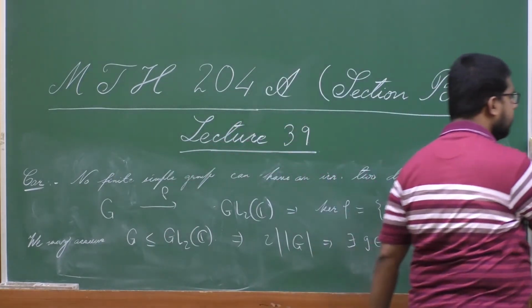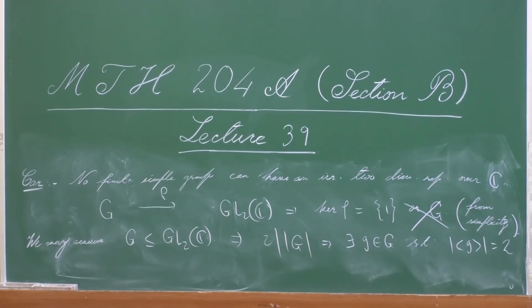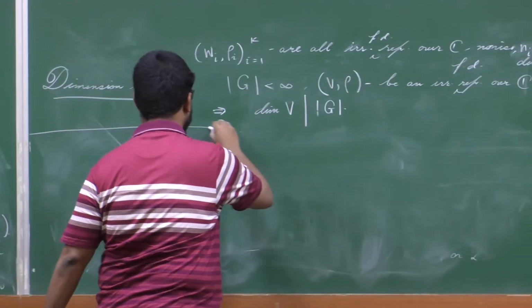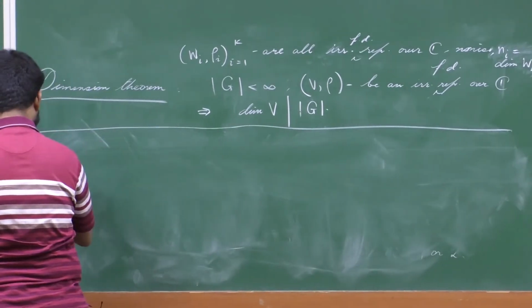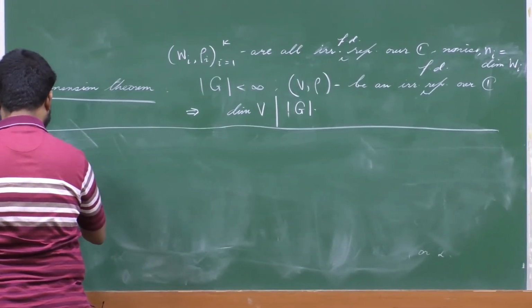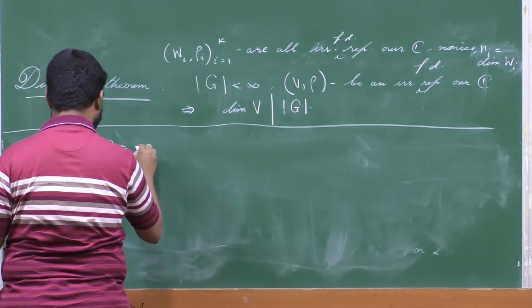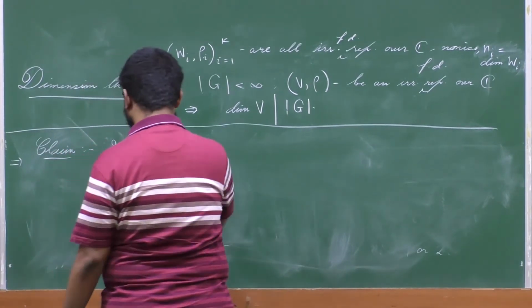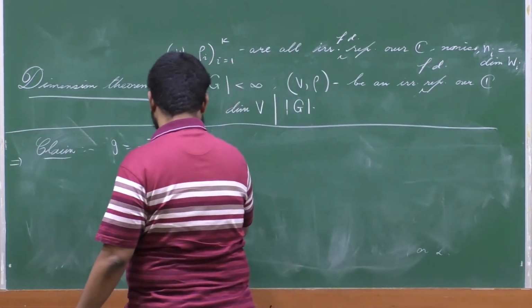The claim is that this g has to be minus identity.